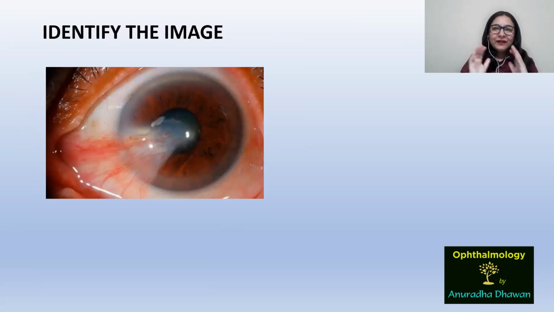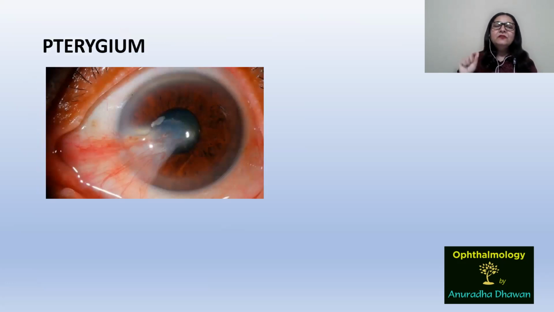Now identify this image. What are we noticing over here? You can notice there is the cornea, but there is a fold from the conjunctiva which is coming to cover the cornea partly. This is a triangular fold, fleshy in appearance, and it is encroaching on the cornea. So this is the typical appearance of pterygium.